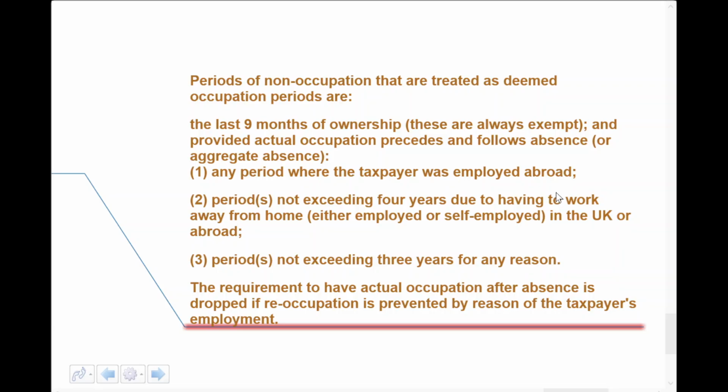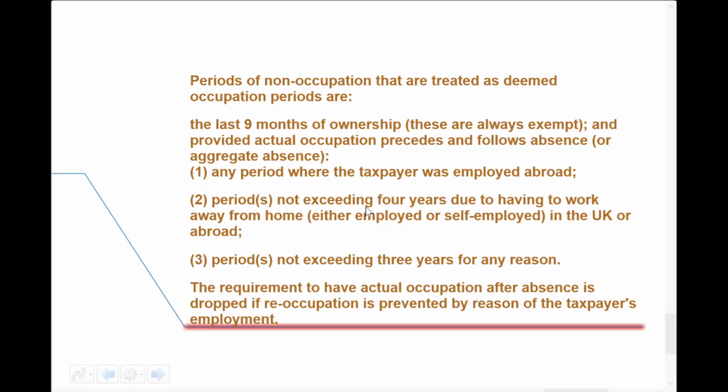In relation to Tom's case, in 1997, he went to work in the US. He was just working abroad for 5 years. But after that, when he came back, he reoccupied the property. That period is deemed occupation. That period's covered. We can include that period as deemed occupation along with actual occupation.